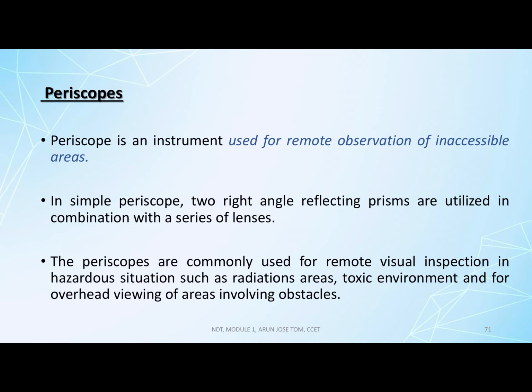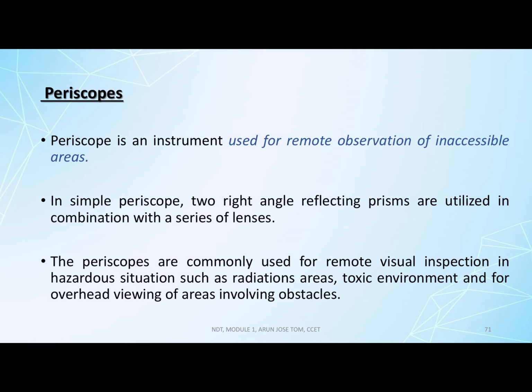Periscopes. A periscope is an instrument used for remote observation of inaccessible areas. You studied periscopes in 10th or 11th standard, I don't know exactly. Anyway, a periscope is an instrument for remote observation of inaccessible areas.